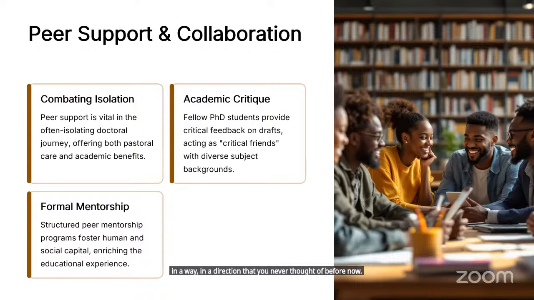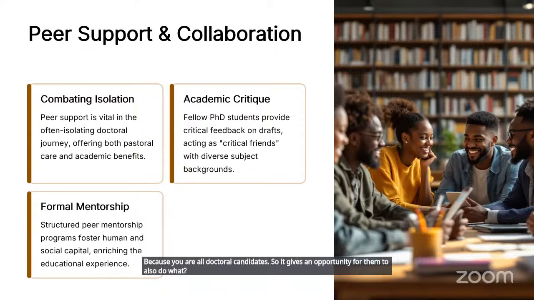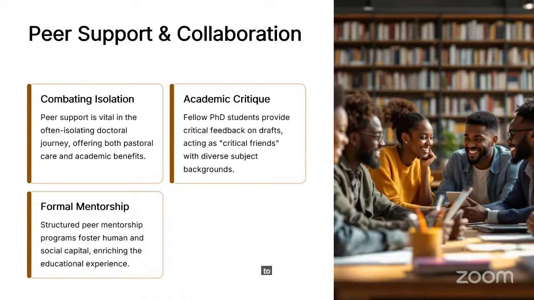But because you have released and made your work available to other fellow doctoral candidates, this gives them the opportunity, because at this point you are not seeing them as someone far above you, since you are all doctoral candidates. So it gives an opportunity for them to also do what? To take from your thoughts and also give back to your thoughts.